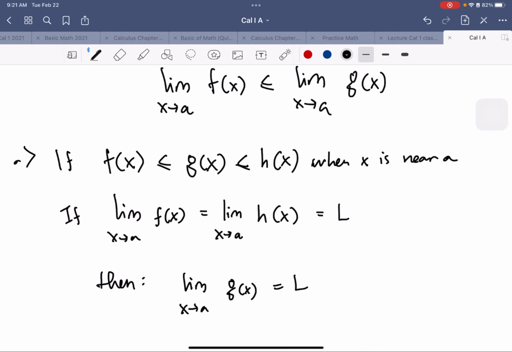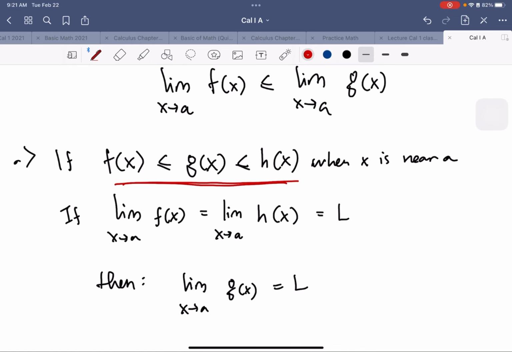So the requirement of this is that g needs to be between f and h, and it can be any function that you know.